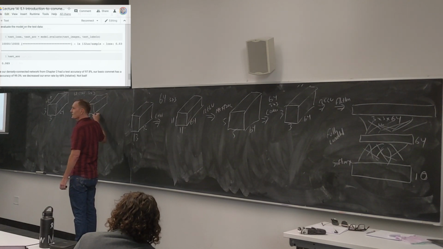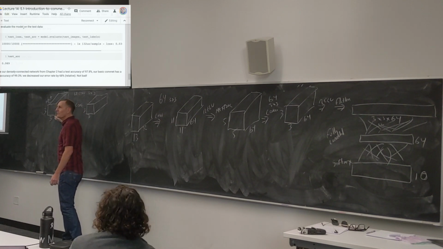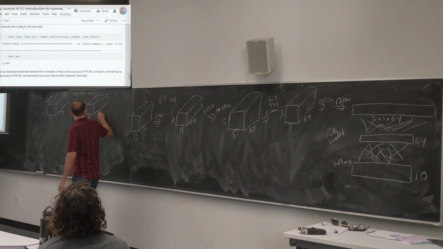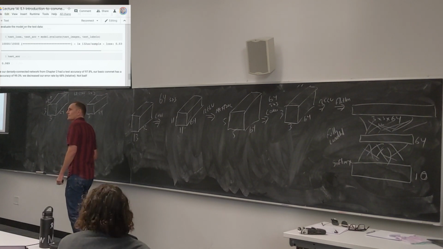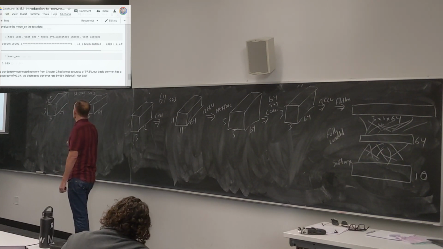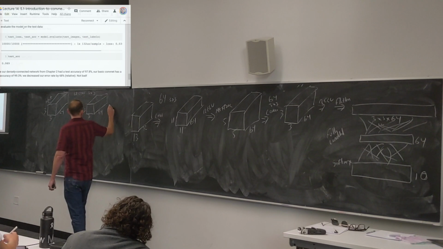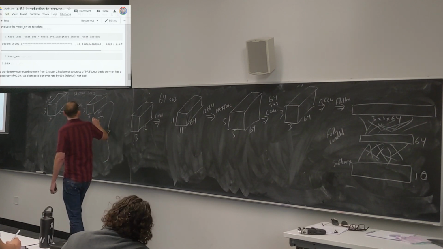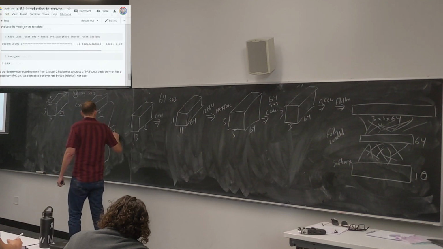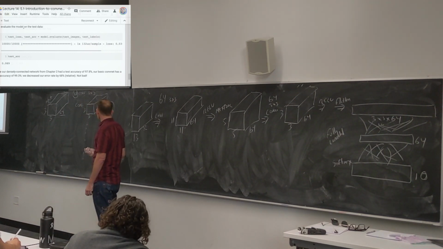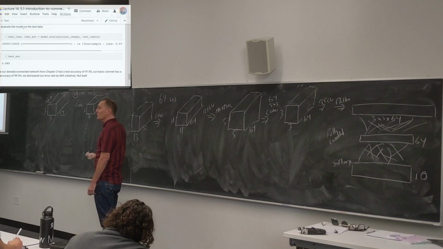Where's that 64 coming from? From the input. That's right. This step matches this step. That's the first one. How many of these do we have? 64. So this 64 is this 64, and that 64 is that 64. What is our output going to look like, though?